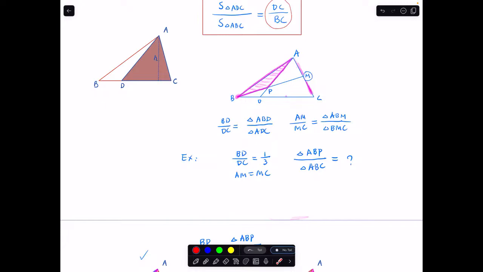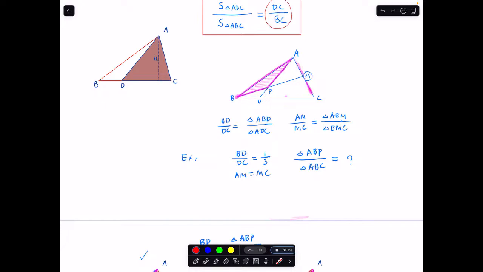So that's the ratio here, right? So AM over MC.